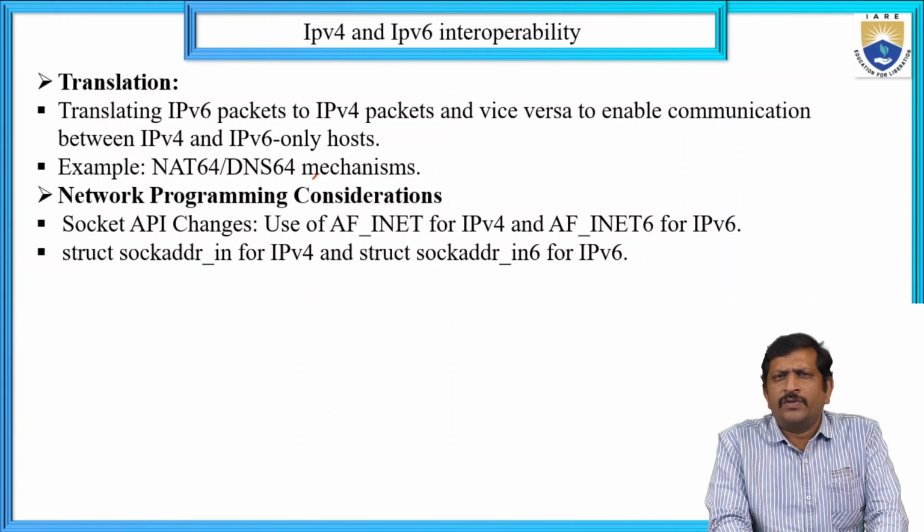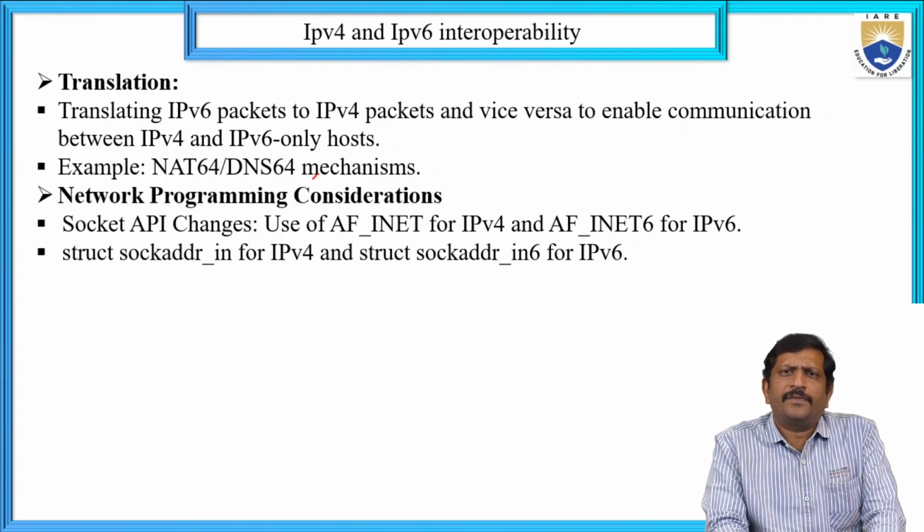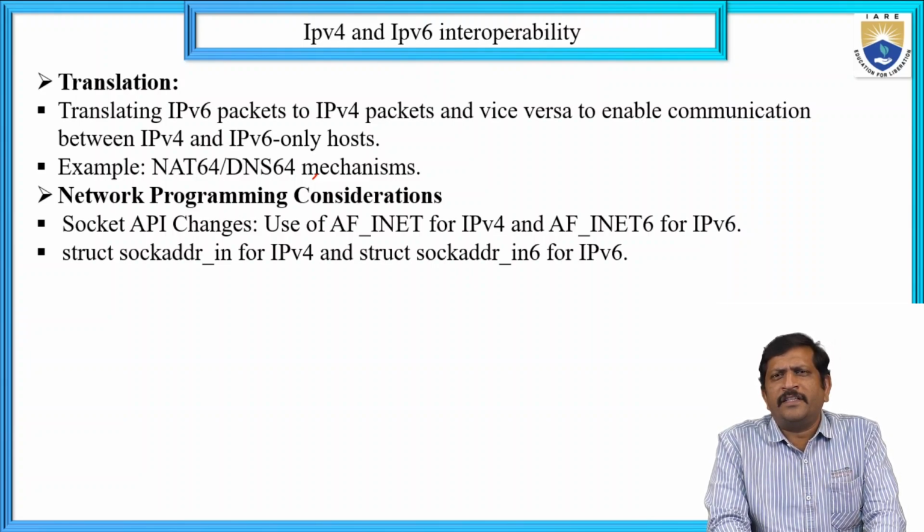So these are the socket API changes depending upon the address family. Struct sockaddr_in is used for IPv4 and struct sockaddr_in6 for IPv6.